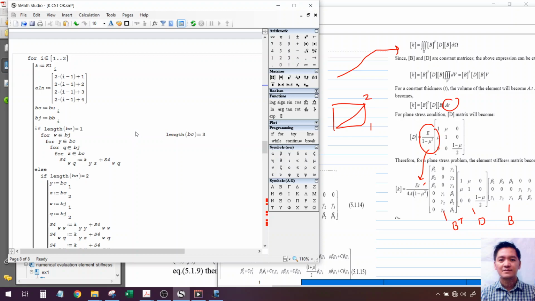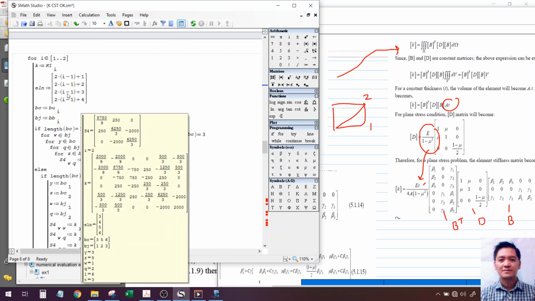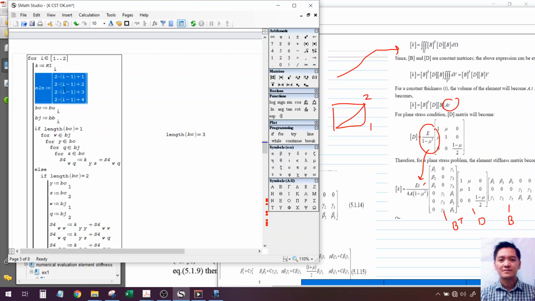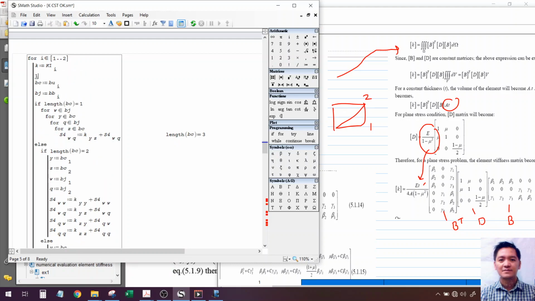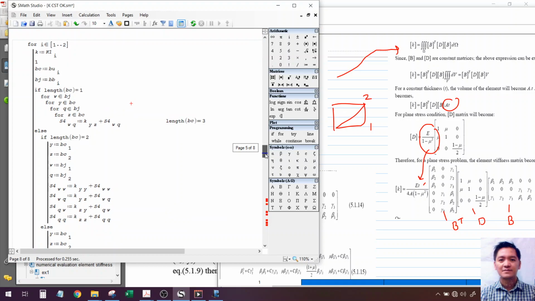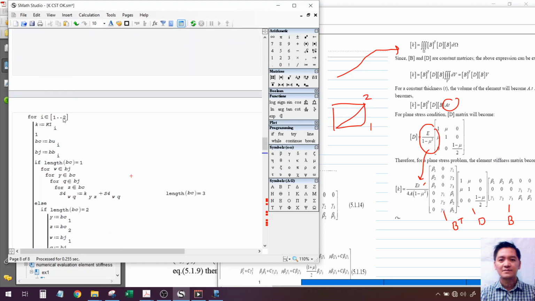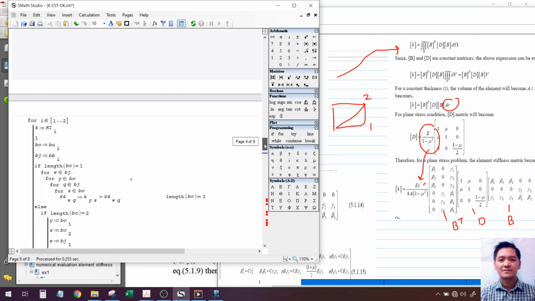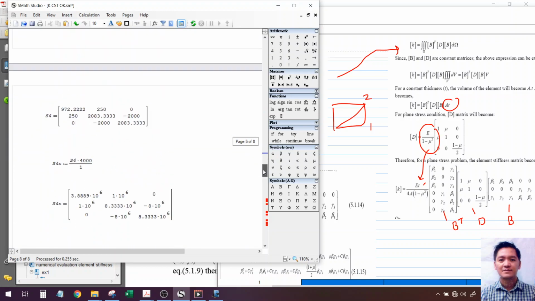Now, I will insert ko ulit dito yung ginamit kong code to get the S matrix from each element. Ito din yung ginagamit ko sa axial at saka sa beam. Of course, ilu-loop ko siya into 2 kasi dalawa lang naman yung element ko. And then, I found my total S matrix as this.